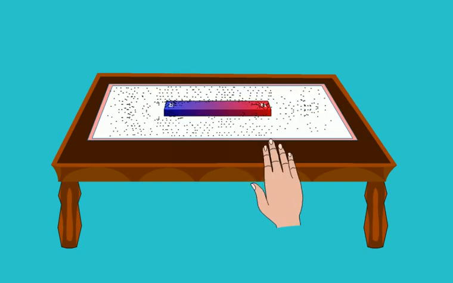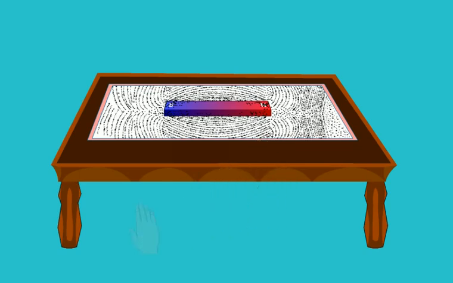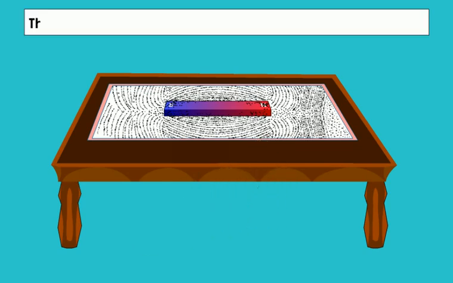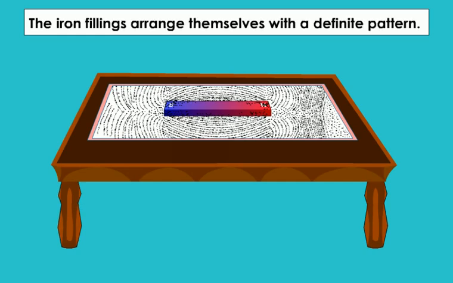Tap the surface of the sheet gently. What do you see? You see that the iron fillings arrange themselves with a definite pattern, isn't it? Why do you think this happens? Can you explain?